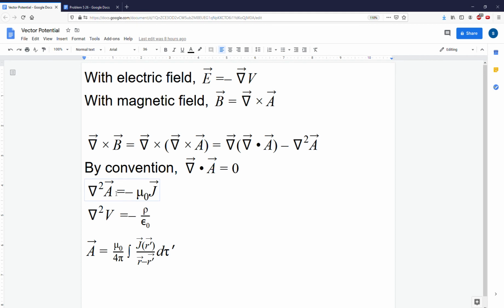So if we're using Cartesian coordinates, A has an x component, a y component, and a z component, but the x component of A in this formulation depends only on the x component of J. The y component of A on the y component of J, z component of A on the z component of J. So this could be written out as 3 separate equations where each component is treated entirely separately.